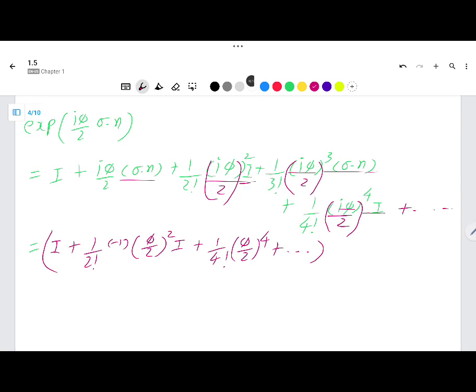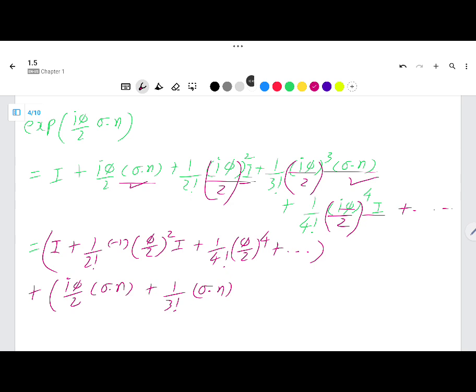And now if we club these terms, sigma dot n, what will we have? Plus 5 by 2 sigma dot n plus 1 by 3 factorial sigma dot n.